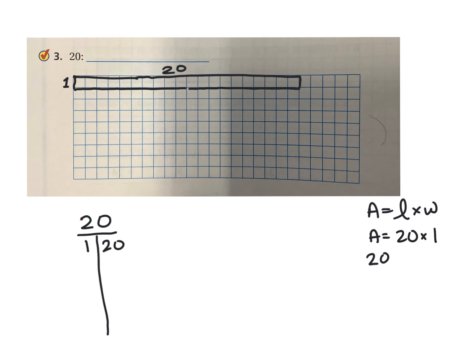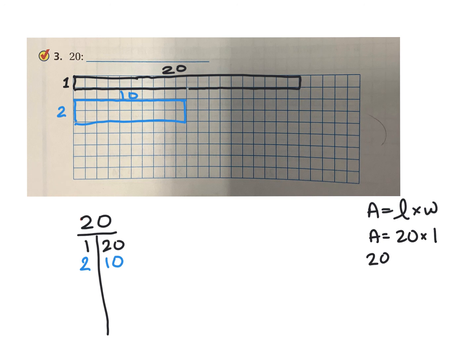1 times 20. Wonder if 2 would work. Let's try it. Let's change colors and we'll do 2 rows. Well, 2 times what number can give me 20? Is 2 times something going to give me 20 exactly? Yes, 2 times 10 will do that. So 1, 2, 3, 4, 5, 6, 7, 8, 9, 10. So 2 times 10.